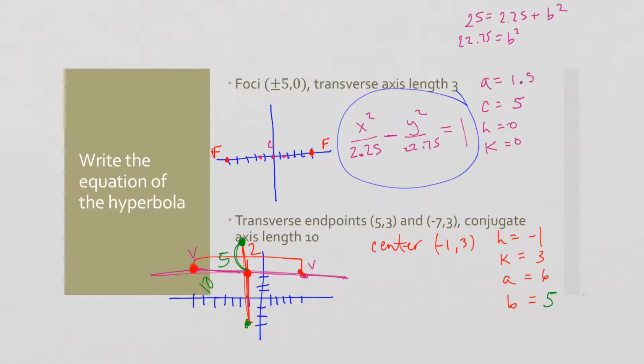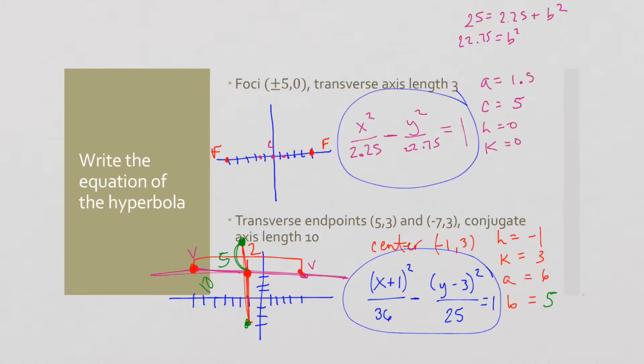And now I can write my equation. I have x minus h, so minus -1 becomes +1 squared over a squared, so 36, minus, because it's a hyperbola, y minus k squared over b squared, 25, equals 1. And that's our final answer.